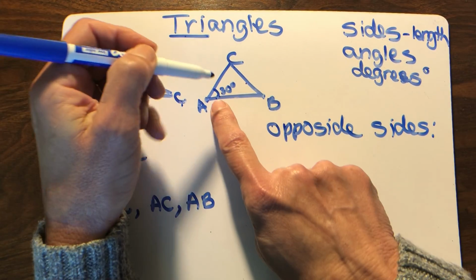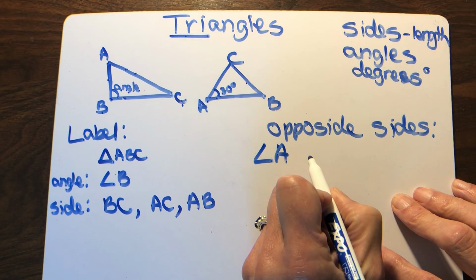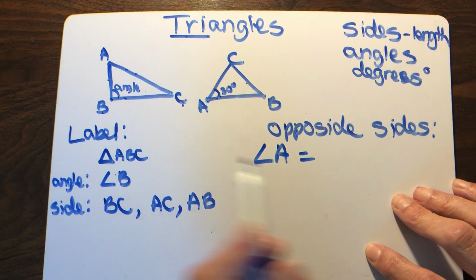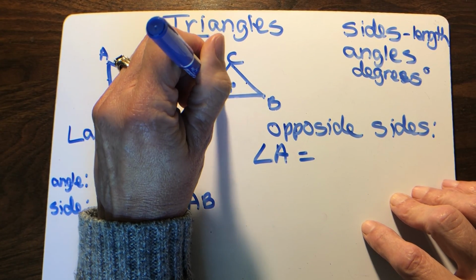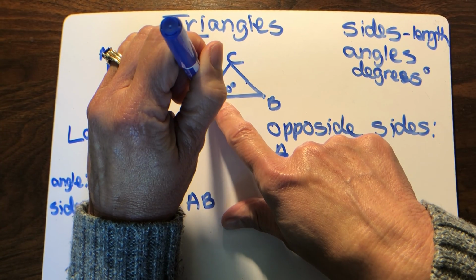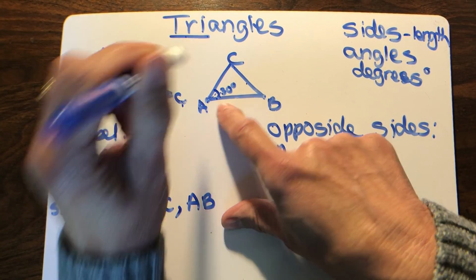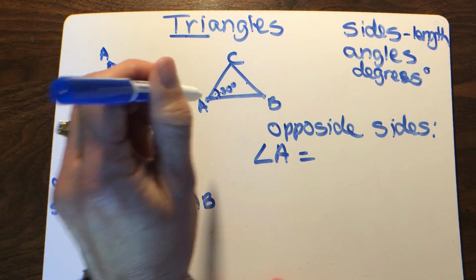So when you have this angle A, what is the opposite side to angle A? Well, this is the way I like to teach it. You put your pencil on angle A, kind of right in the center, and you pretend like you're shooting a bottle rocket. That's what I think of. Like if you've ever shot bottle rockets out of a little can or a Coke bottle or something like that.